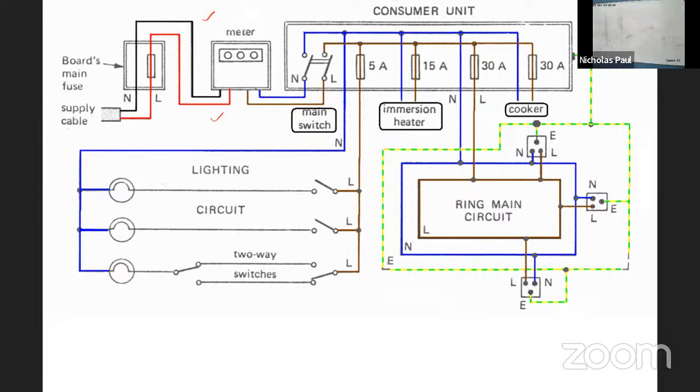So for current to flow, remember we need a complete circuit. So we have one carrying the current, one helping to complete the circuit, and a green and yellow. The green and yellow is earth, and the purpose of the earth is in case there's excess current, it will pull it out and neutralize it in the earth.